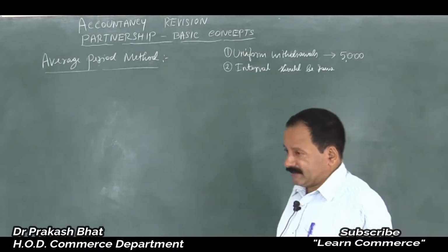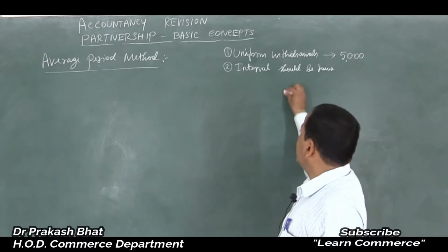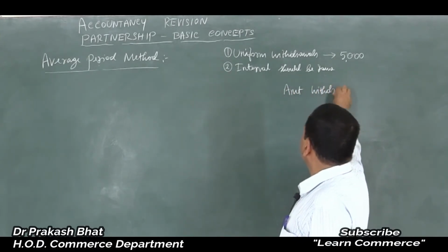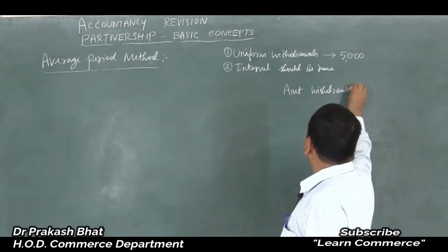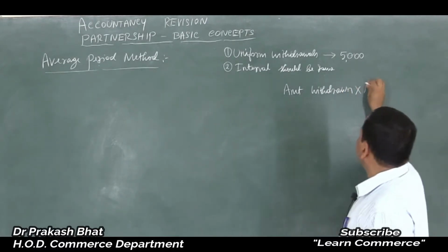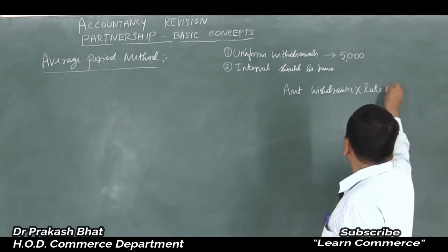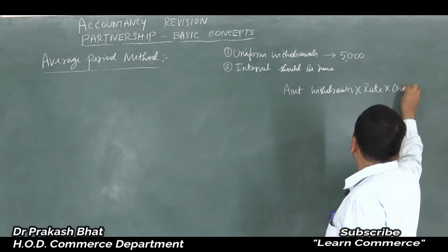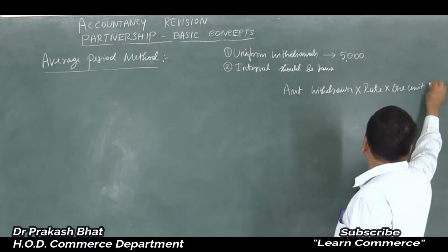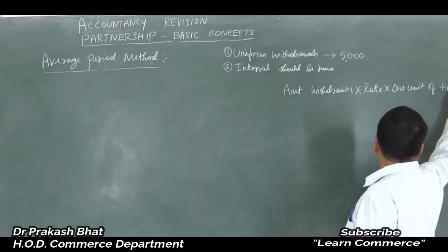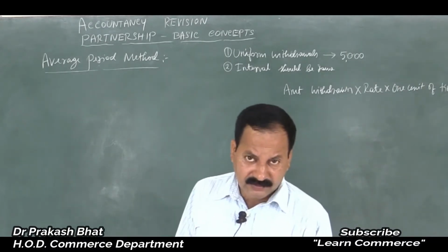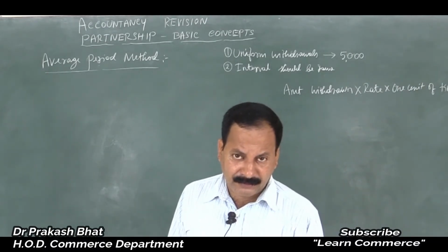What is the formula then? Amount withdrawn into rate of interest, into 1 unit of time. That is what you have to do here. That's all? 1 unit of time?